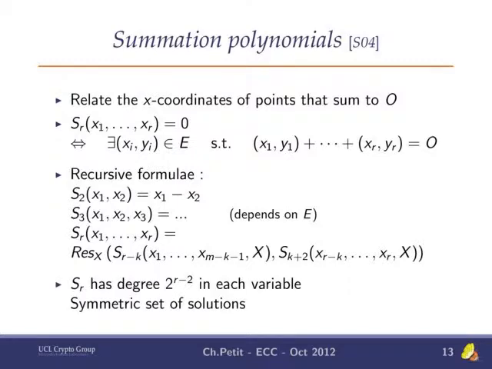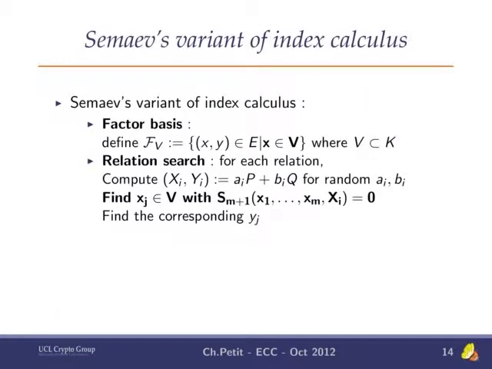And another property that he proved that we will use later is that this summation polynomial, that's also called the Semaev polynomial, has degree 2 to the R minus 2 in every one of those variables. Okay. And well, of course, there is a symmetric set of solutions to this polynomial, just because the elliptic curve is an abelian group. Okay.